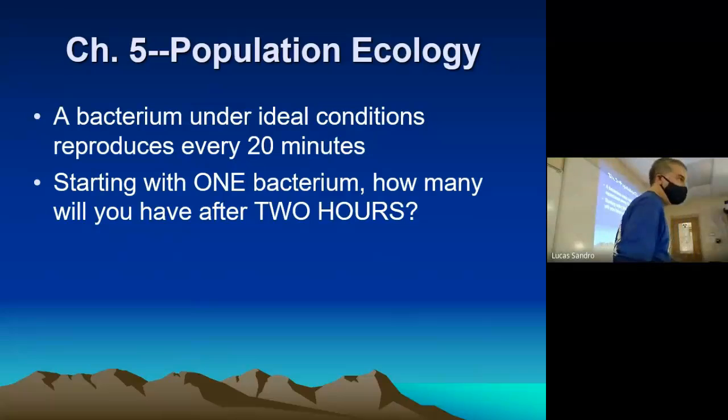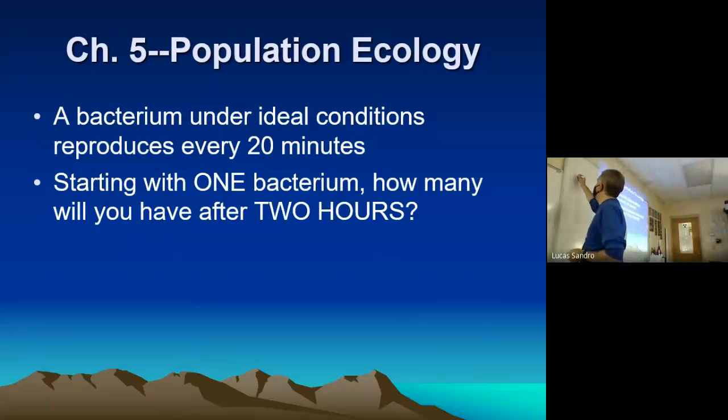Probably the 2-column method is best here, where we start at time 0 with 1 bacterium. And then we go, okay, after 20 minutes, we have 2, and so on. That's the way I would advise doing it, just to make sure you don't get confused.